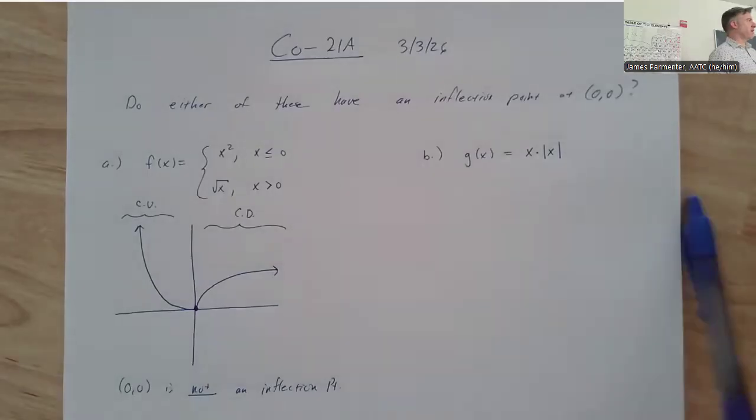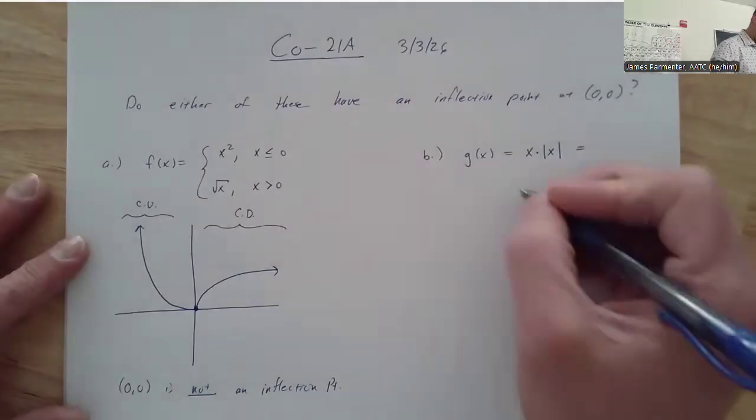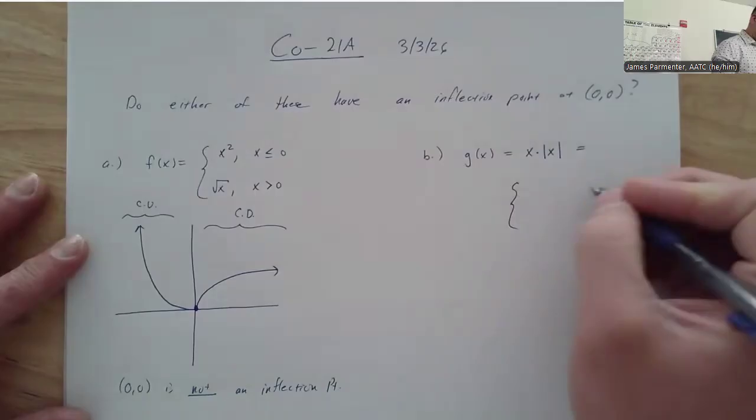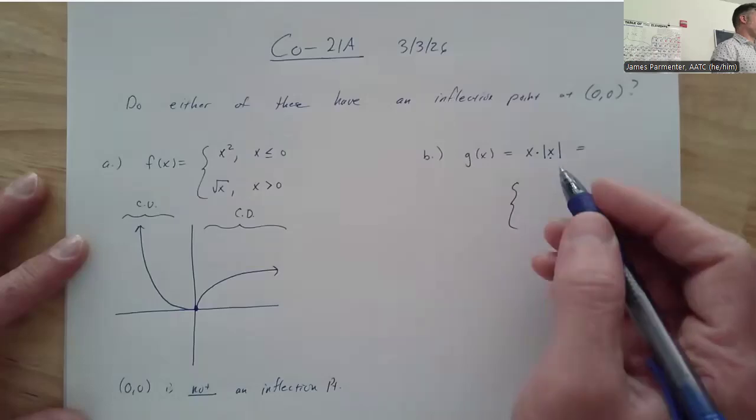What about this other one here, which is a piecewise function hidden, which is, I mean, not that hidden. Absolute value, I think we have learned at this point, absolute value function is a piecewise function. It's just that we don't write it that way. You can definitely write this as, well, if x is less than 0, the absolute value of x is negative x, because you want it to be positive in the output.